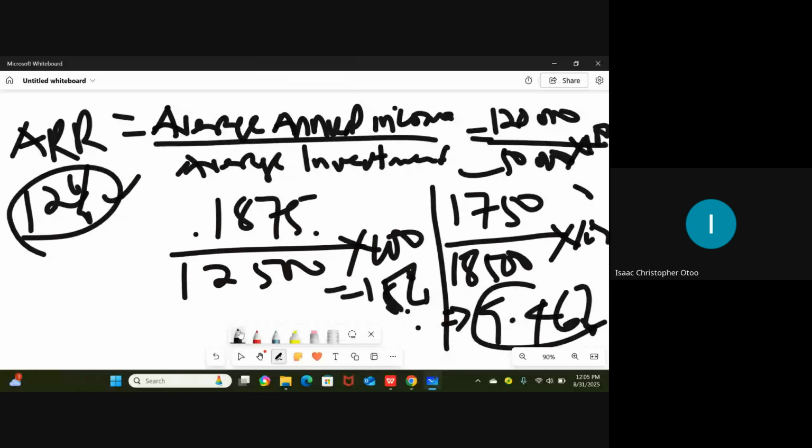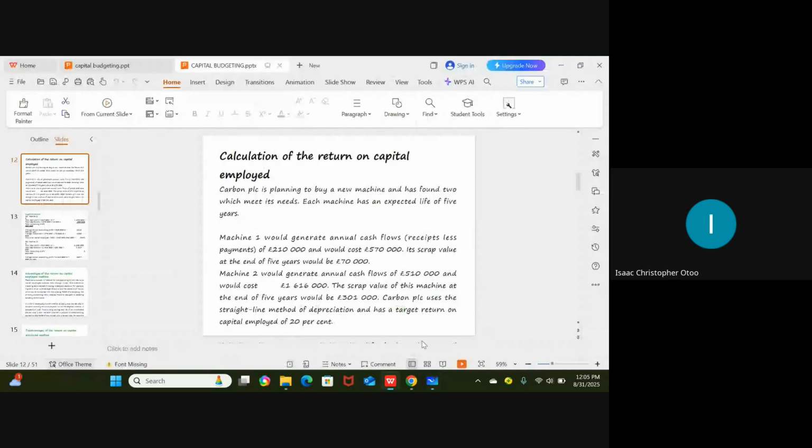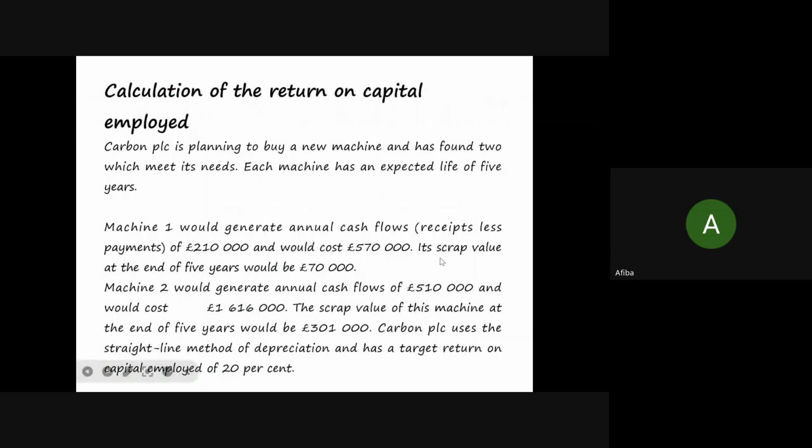So 700,000 divided by 5 will give you what? Because we are finding annual, 140. Very good. Then they say average investment. But here there's a scrap value or residual value, so it means that we add it to the initial investment. The initial investment is 570.